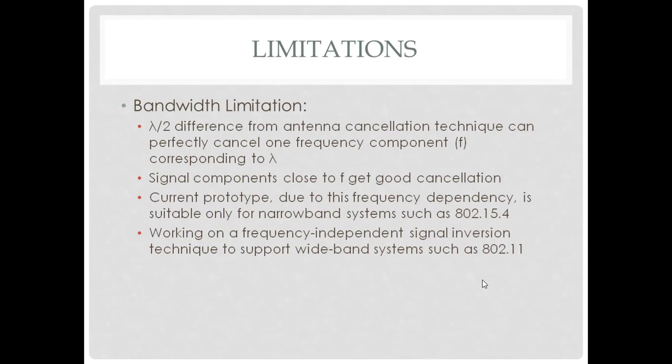For bandwidth limitation, the lambda divided by 2 difference from the antenna cancellation technique can perfectly cancel one frequency component f corresponding to lambda. So signal components close to f get good cancellation. But the current prototype, due to this frequency dependency, is suitable only for narrowband systems such as 802.15.4.